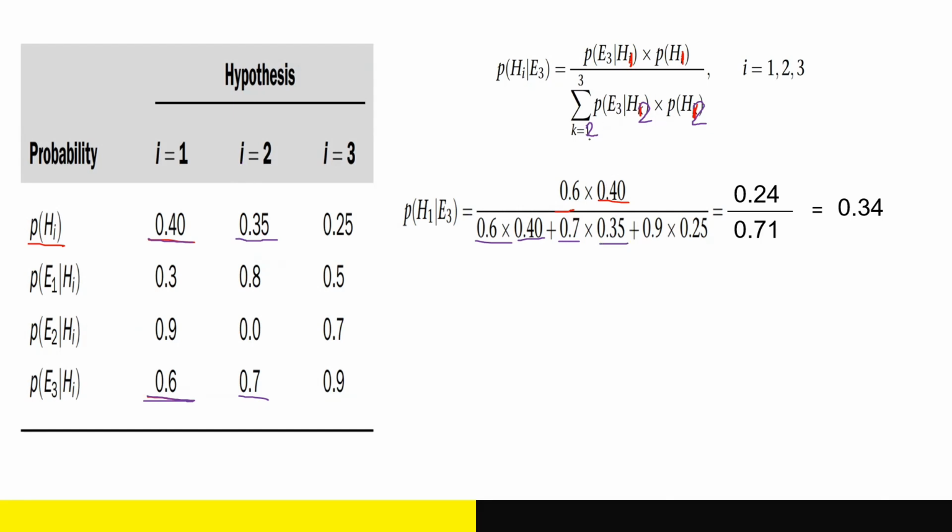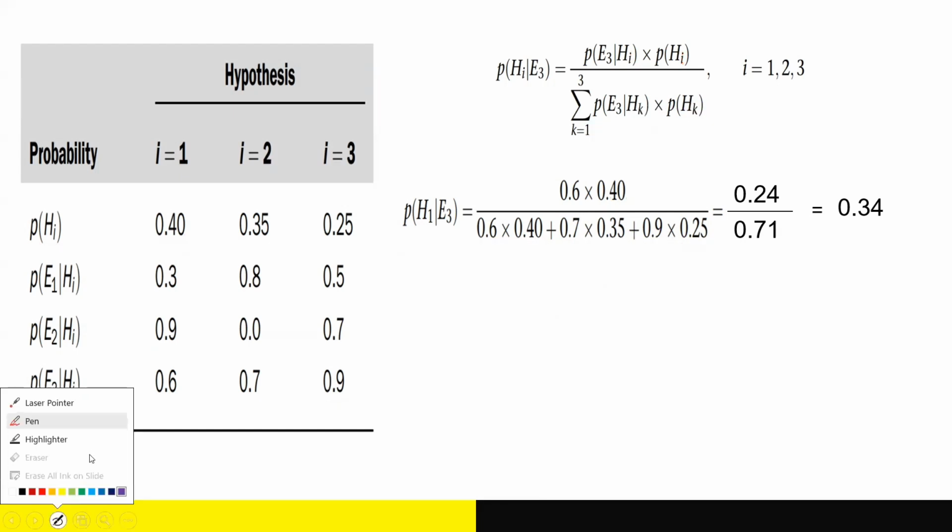And then k is now 3: the probability of evidence 3 given hypothesis 3 is 0.9, multiplied by the probability of hypothesis 3, 0.25. If we add the products of these three terms, we have 0.71. So 0.24 divided by 0.71, the answer is 0.34.